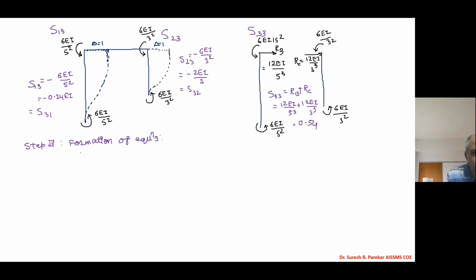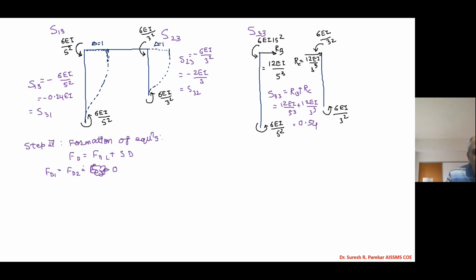Now if we go by the general equation, we have FD is equal to FDL plus S into D. Now we have FD1 equal to FD2 equal to 0; FD3 we do not have as 0.